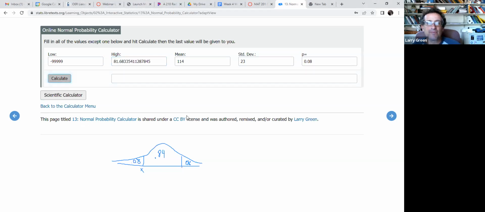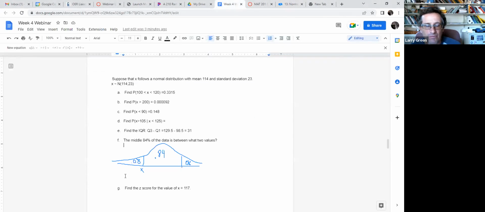And we calculate. And what we get is about 81.7. And then if we want to get this guy over here, well, we know there's 8% now to the right.